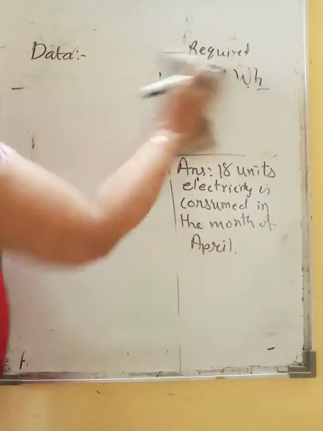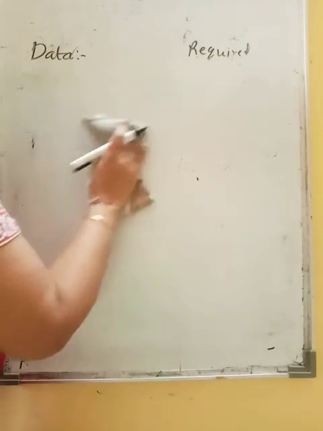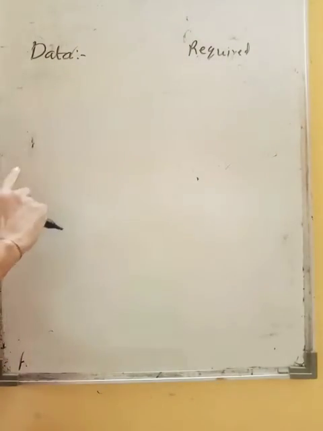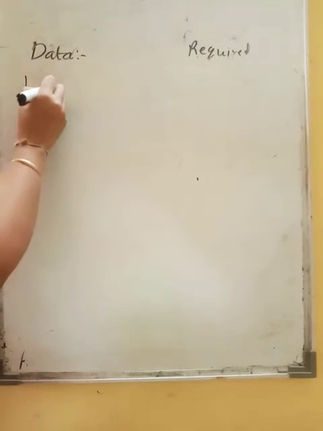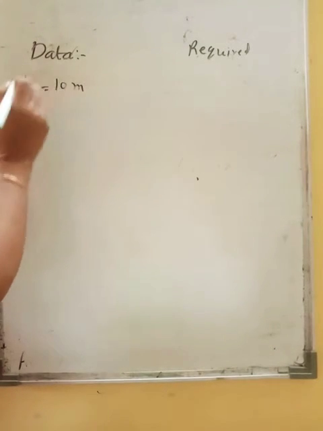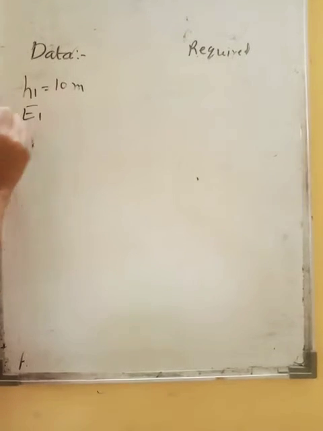Yes. So we are going to solve it. We have to find the other height, so I will be using suffixes h1 and h2, E1 and E2. In the data you have h1 as 10 meters, at the start it was at 10 meters, right? And energy is E1.